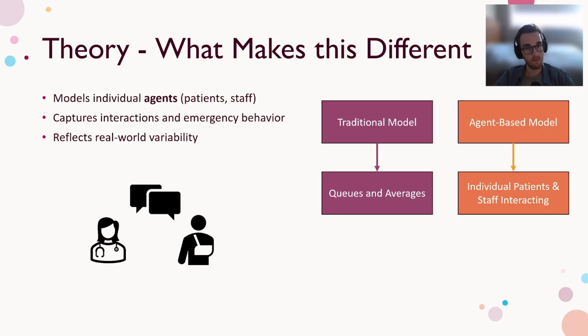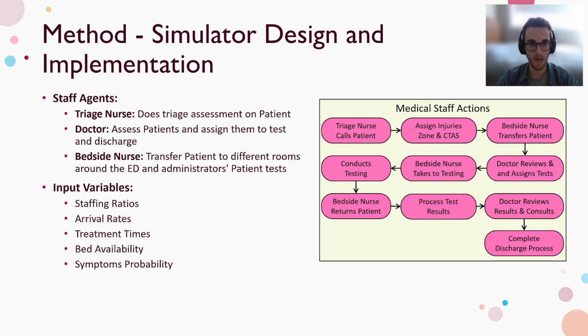Similarly, staff members are modeled with roles, workloads, and priorities. By allowing these agents to interact under realistic rules, we can observe emergent behaviors and patterns that mirror those seen in real hospitals. Our simulator models both staff and patient agents to realistically capture the workflow of an emergency department.